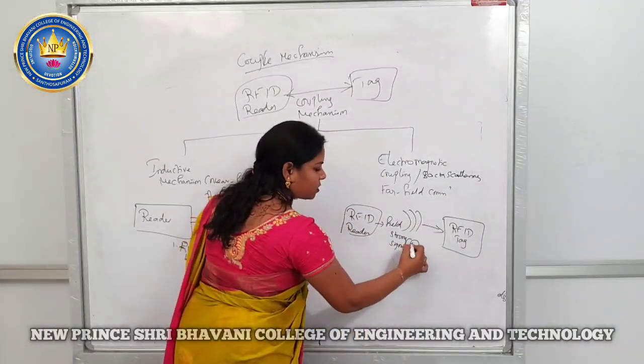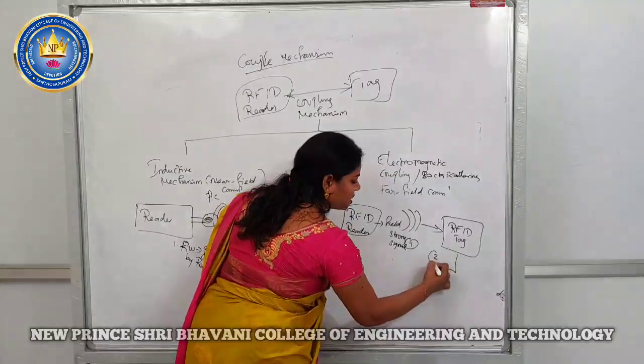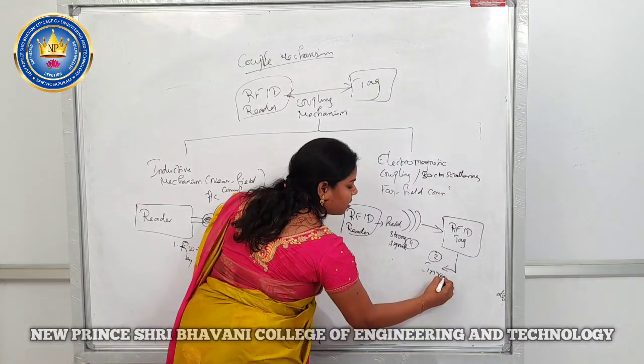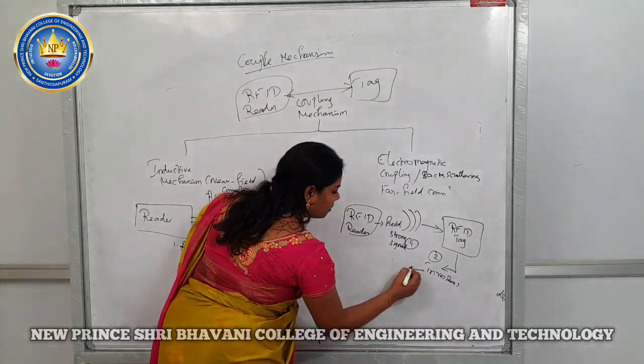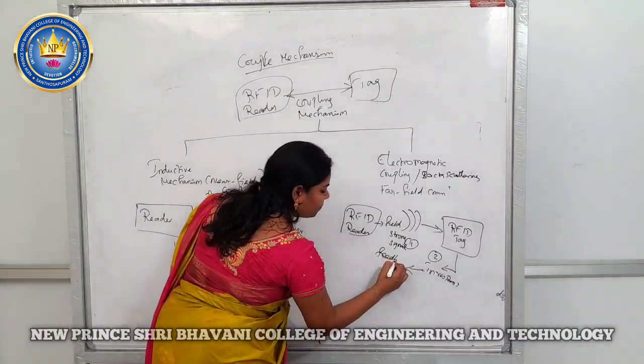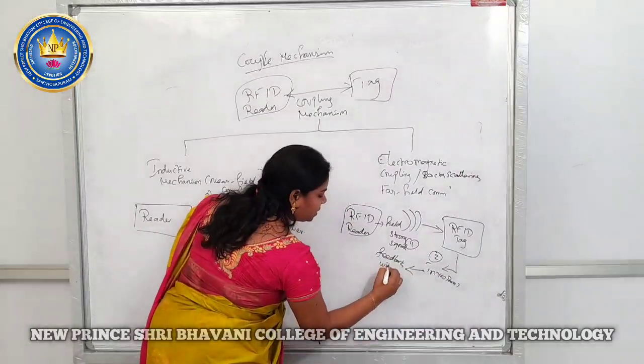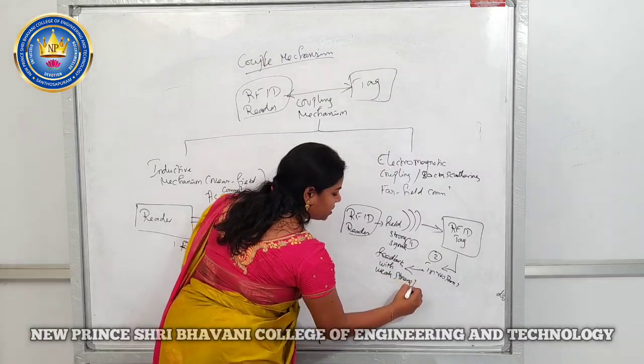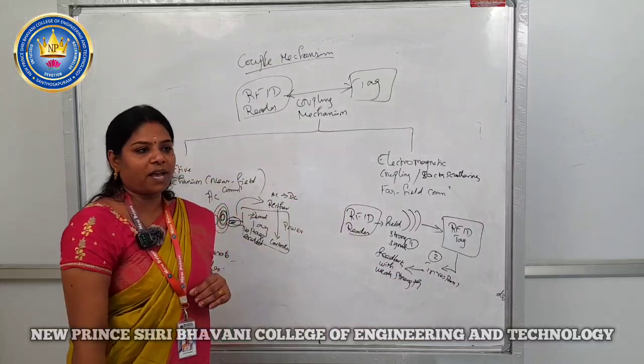So this is the first process. Whereas the second process is that once receiving the signal, the RFID tag in response will send a feedback signal with weak strength.